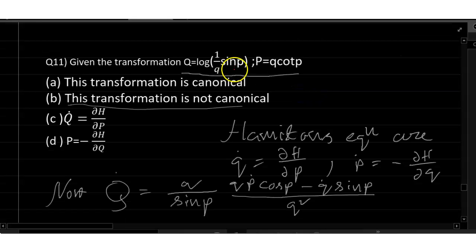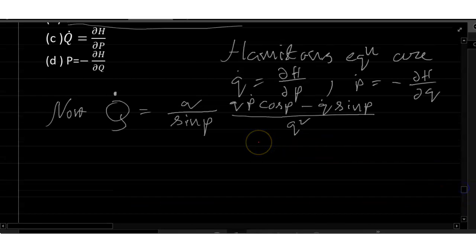These are just derivatives with respect to t, q dot is del q by del t. Okay, I hope that is clear.